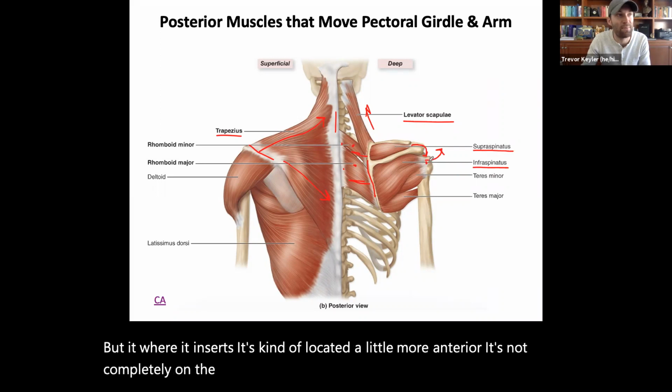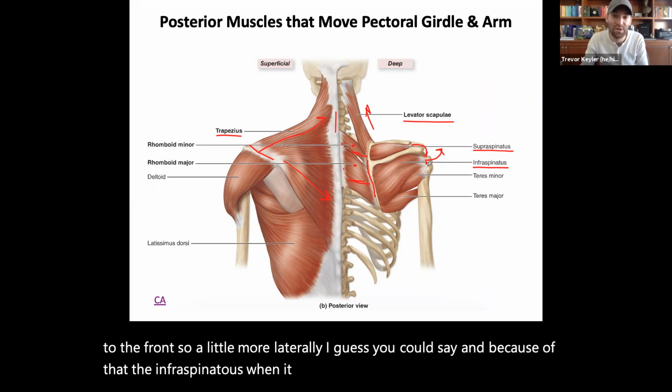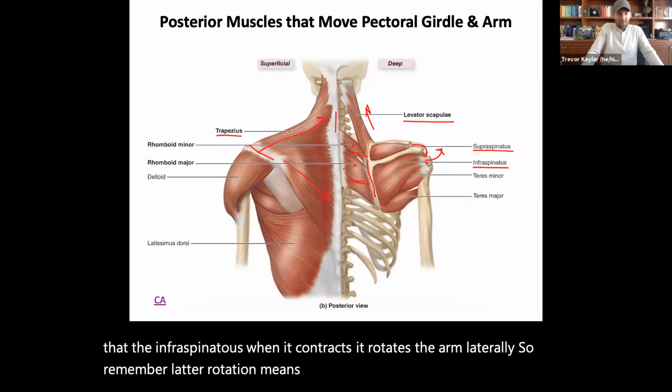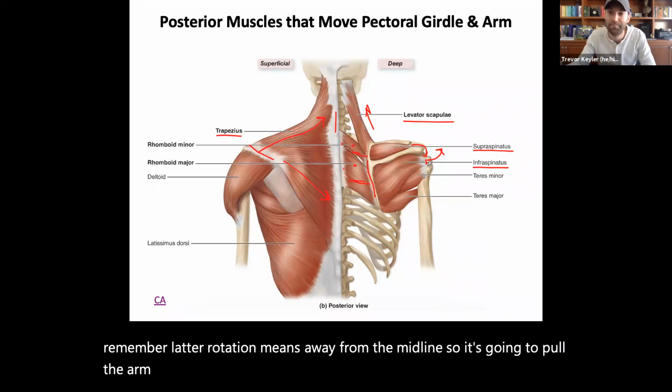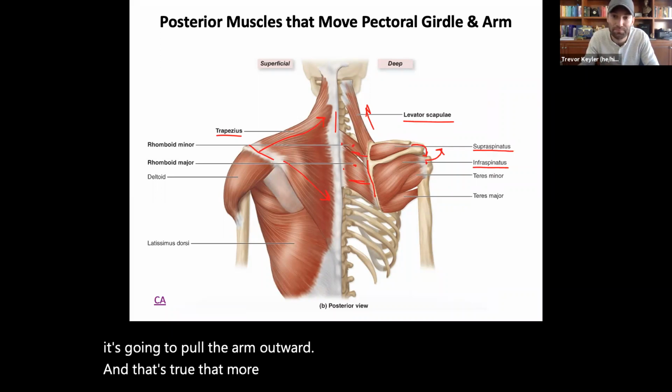You can see it's starting to wrap around to the front, so a little more laterally, I guess you could say. And because of that, the infraspinatus, when it contracts, it rotates the arm laterally. So remember, a lateral rotation means away from the midline. So it's going to pull the arm outward. And that's due to that more lateral insertion point.